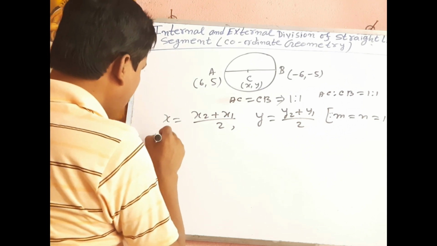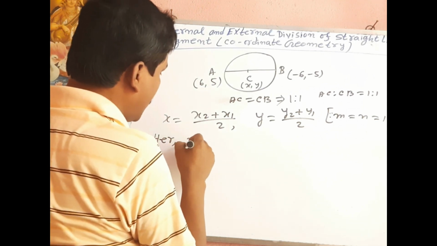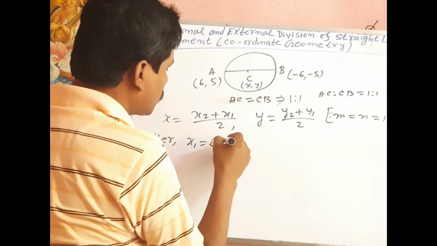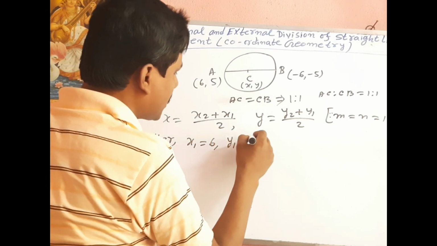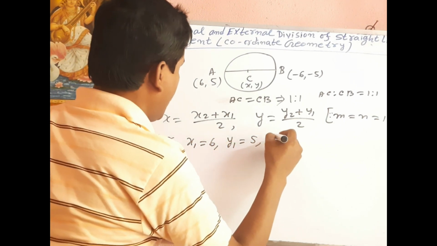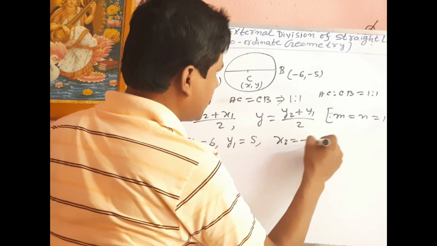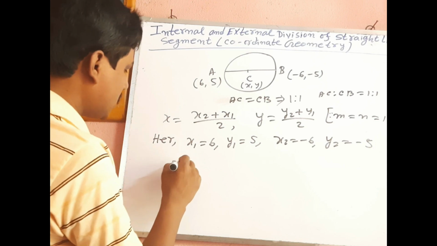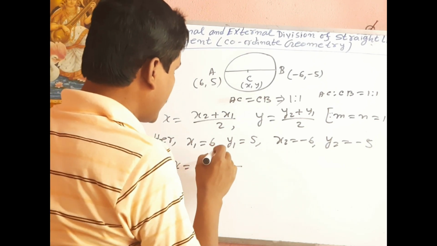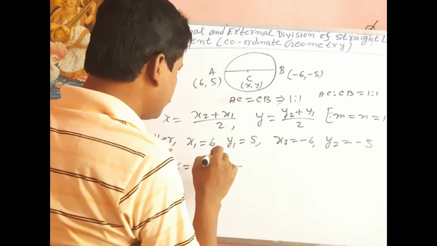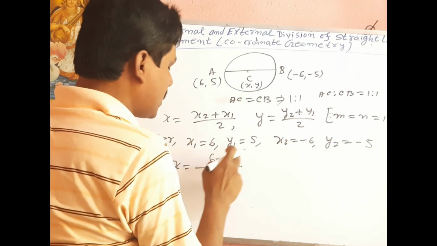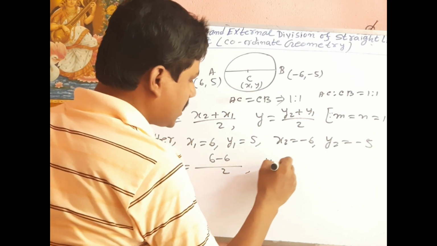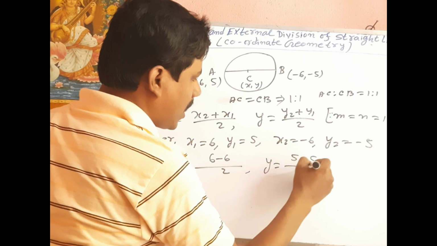So here, according to the given information, x1 is equal to 6, y1 is equal to 5, x2 is equal to -6, y2 is equal to -5. Now x is equal to, putting the values of x2 and x1, 6 minus 6 by 2, and y is equal to 5 minus 5 by 2.